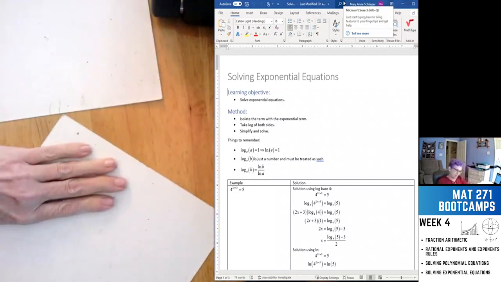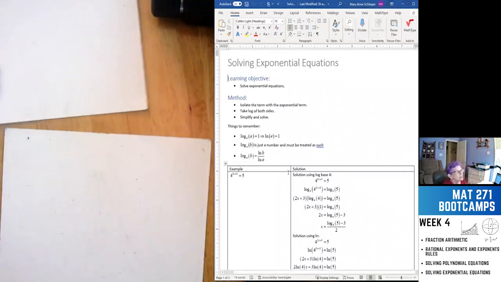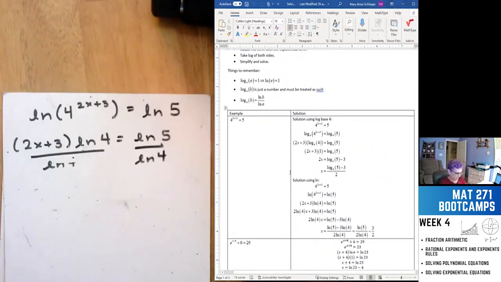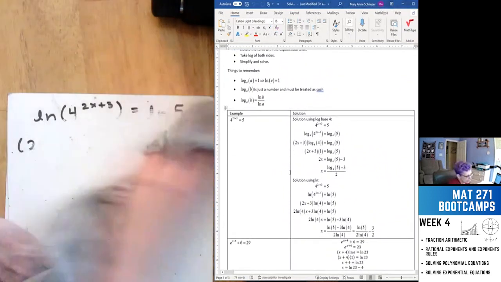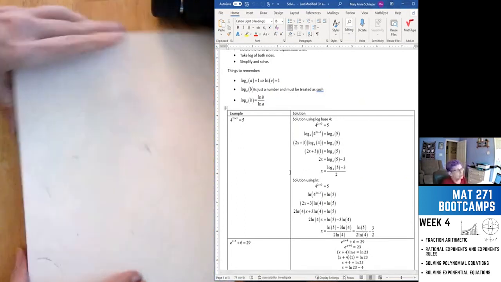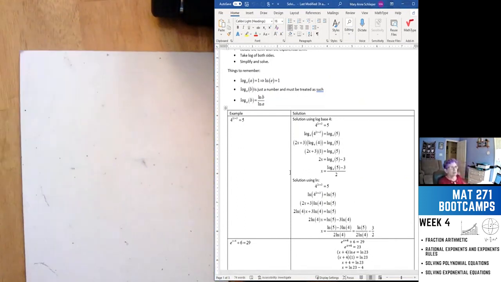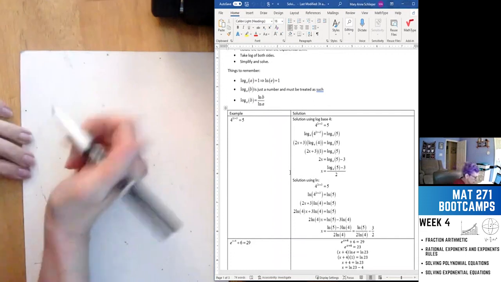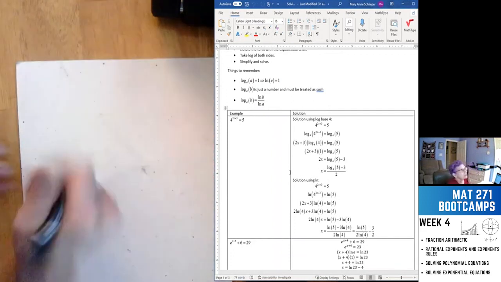All righty, let's do some more. Now, the next one we have e, so it's the natural exponential function. So we would definitely use the natural log to solve this. Let's see.